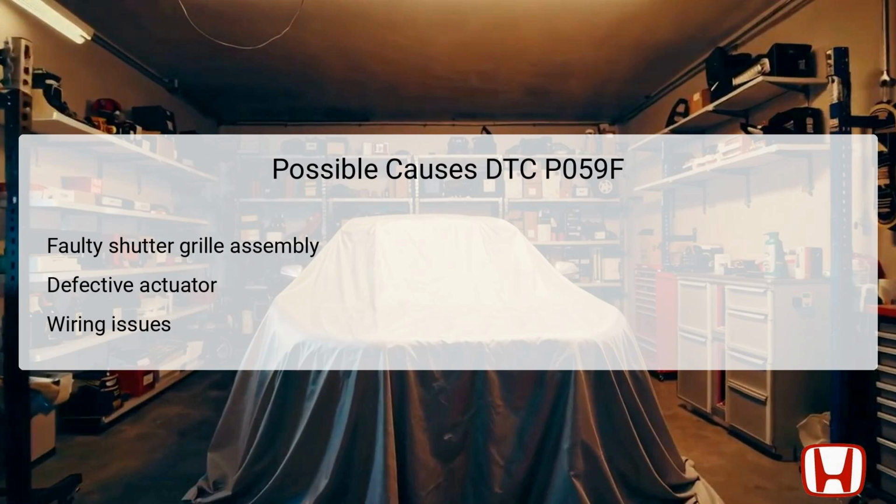Wiring problems, either short circuits or open lines, can also disrupt communication and power delivery between the actuator and the assembly. It's imperative to carefully check each potential cause during the troubleshooting process to resolve the DTC effectively and ensure the vehicle operates within its intended parameters.